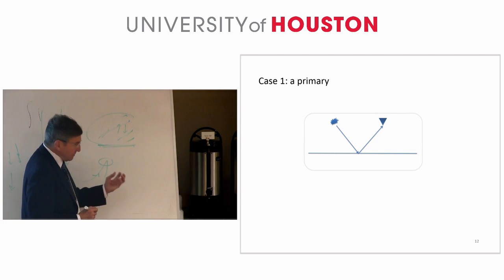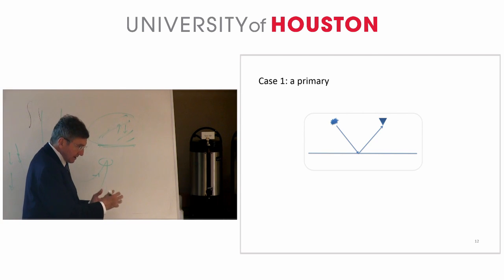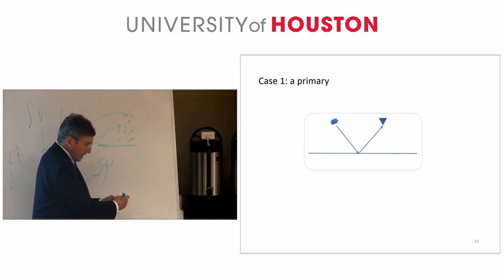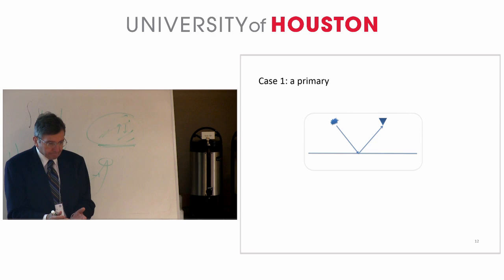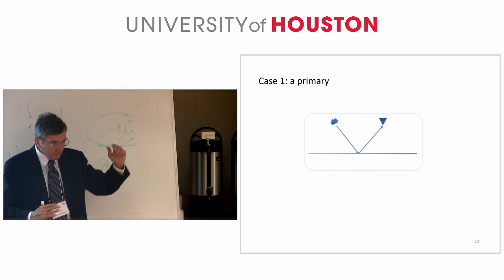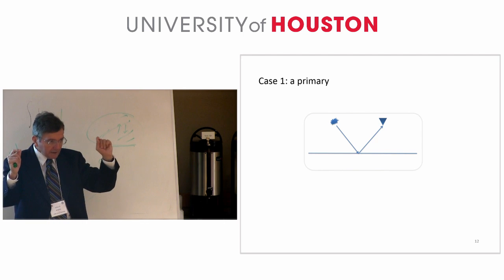So the imaging principle itself, you'll see. If you do Claerbout II with a homogeneous medium, and you take one source and receiver and ask for the output, you get an ellipse.